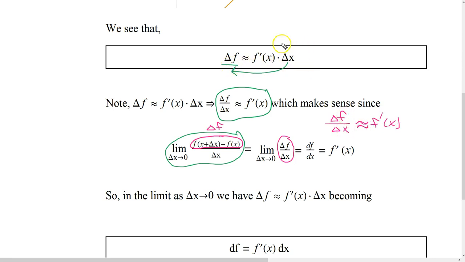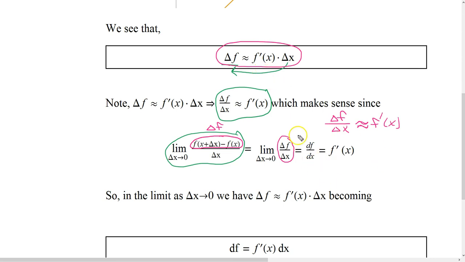And that's where this approximation is coming from, by multiplying the delta x to the other side. So in other words, this approximation is actually coming from our limit definition for the derivative.